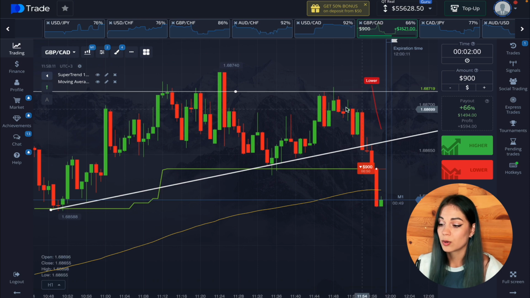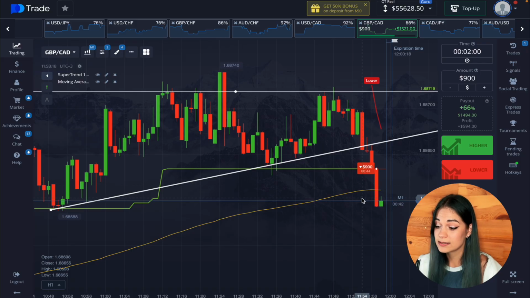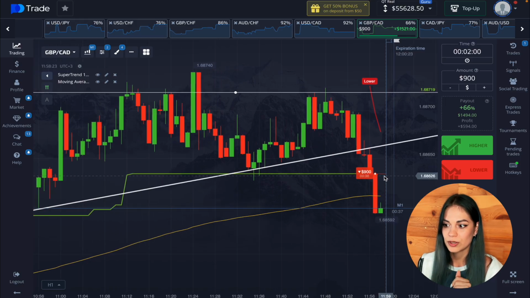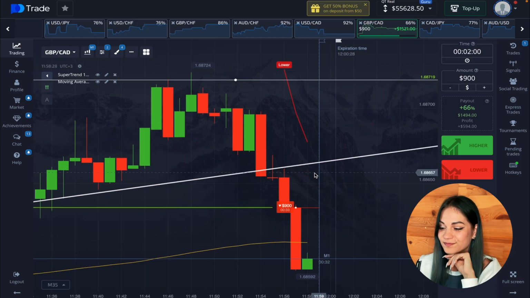And of course, with the signal from the SuperTrend and momentum candlestick, we see that this deal is going to be a good one, and that's why we ignored the rule with 150 EMA. So let's wait for this deal to close and see if it was a good idea.